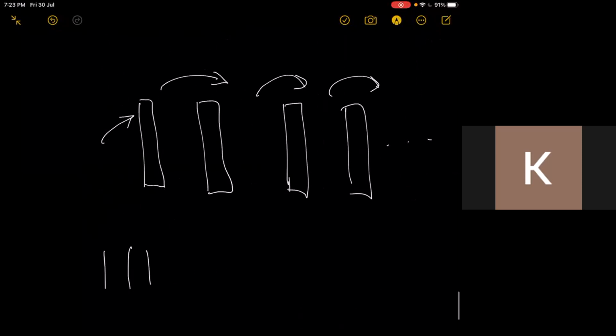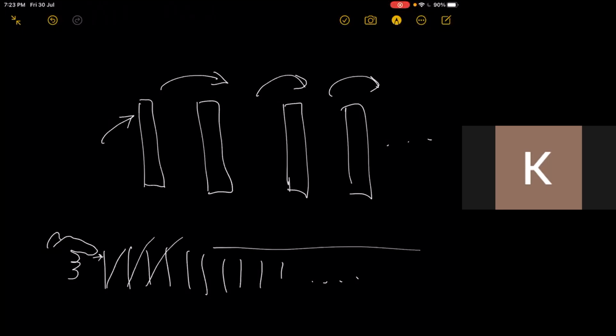Suppose all the dominoes are tiled like this, infinite dominoes. You just come and push one. So this one falls, this one falls, everyone falls. Right?